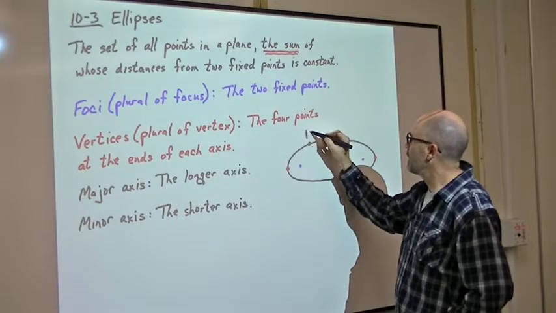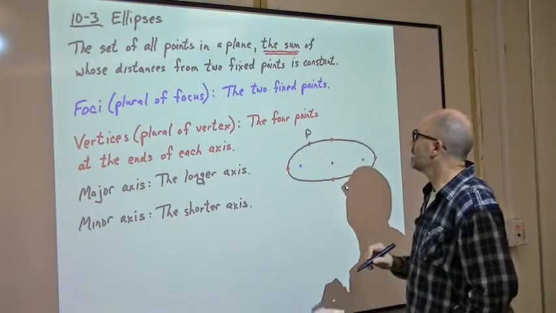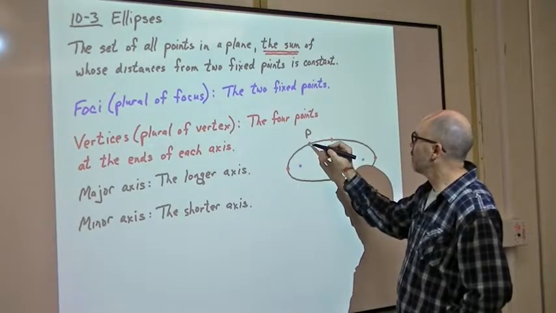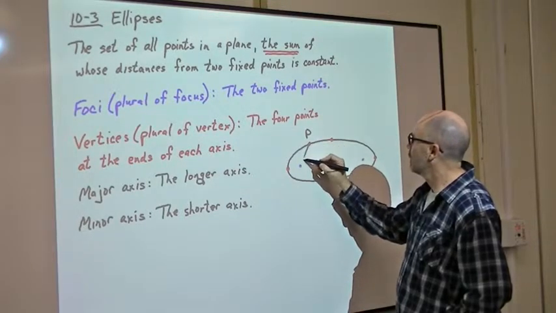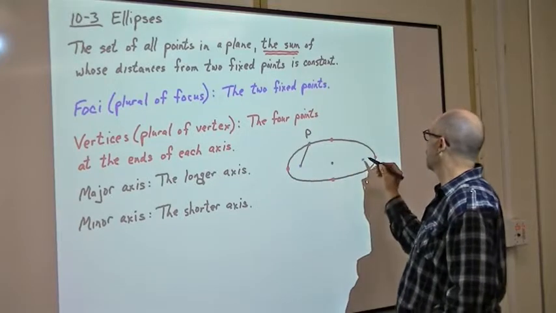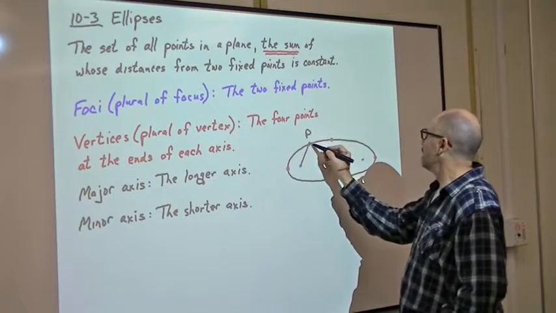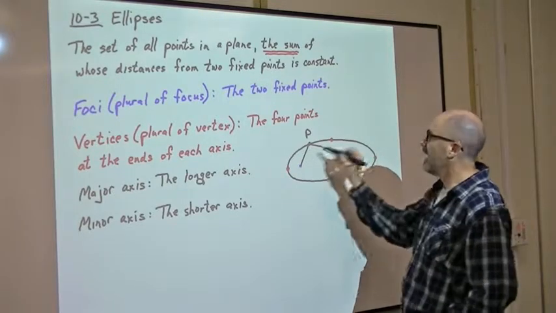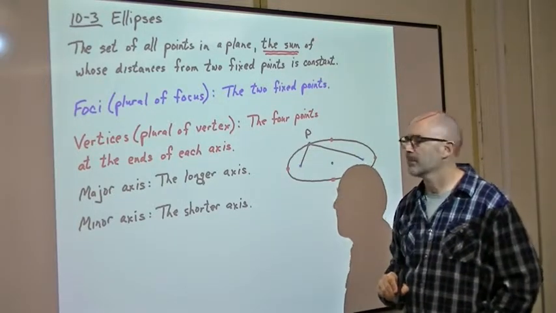And we'll call that point P. So what I do is I take the distance from point P to the first focus, and then the distance from point P to the second focus. And I add up those two distances.